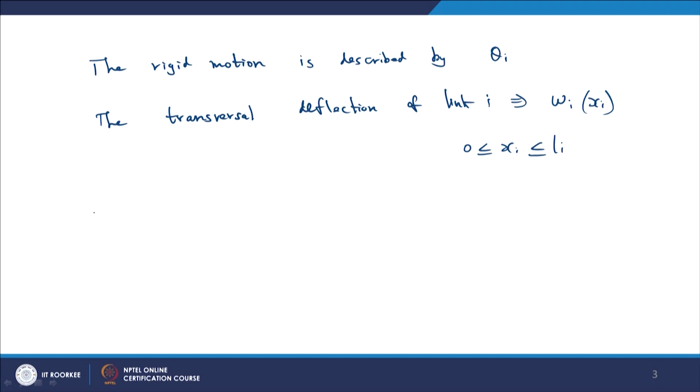Now coming to the point, let small p, p_i with respect to i of xi. See how I define p_i with respect to i. That means p_i is a point, defined in the frame i. That is what it means, p_i with a superscript. So p_i with respect to i of xi is given by [xi, wi of xi].